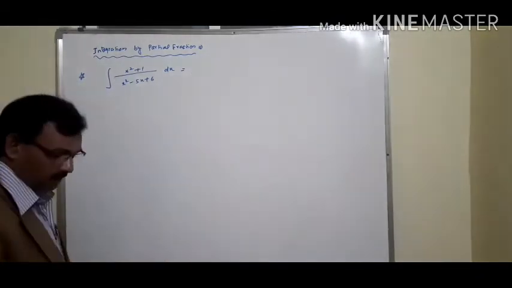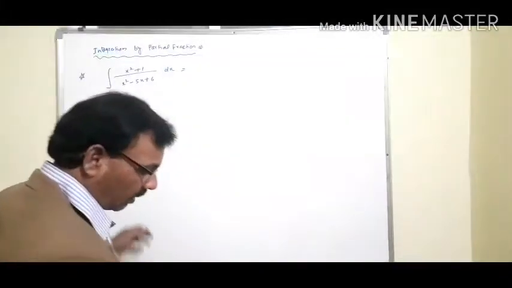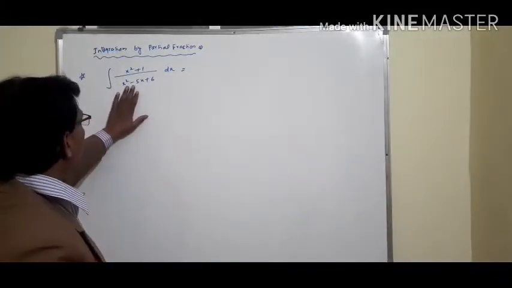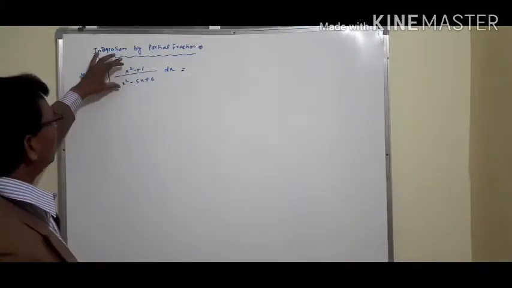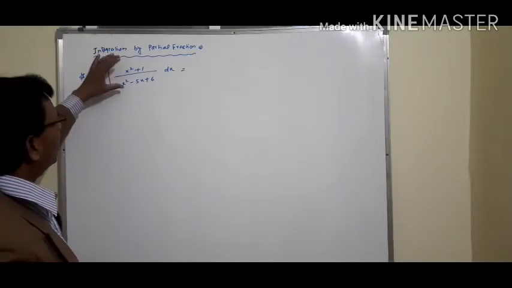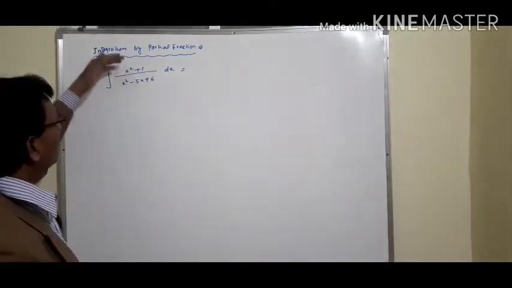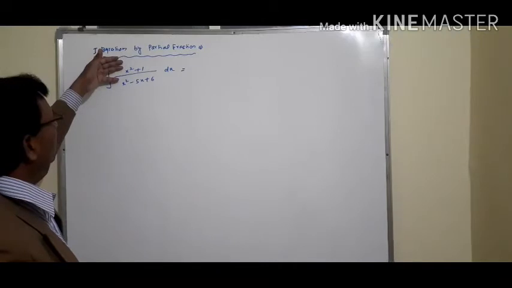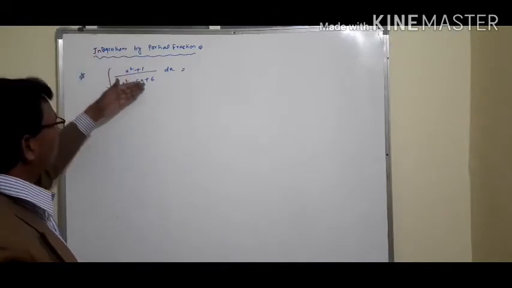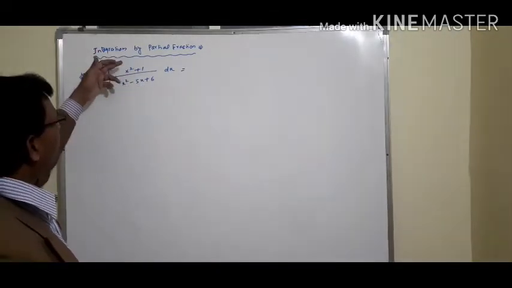First check the degree of the denominator and the degree of the numerator: both are the same, or the degree of the numerator is greater than the degree of the denominator, or the degree of the numerator is less.